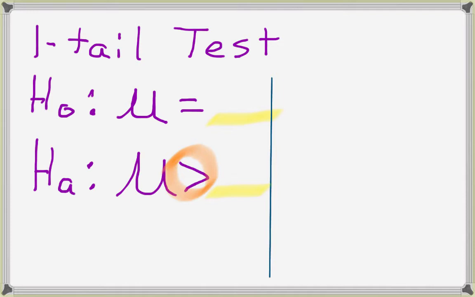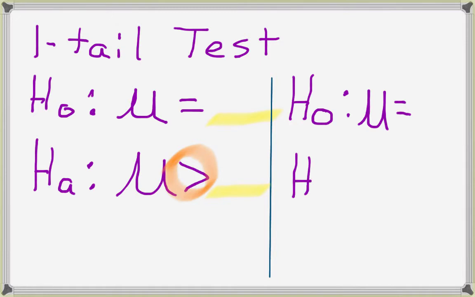The next one-tail situation, maybe someone is claiming that their ACT scores are this, and you suspect it to be lower than that. If you suspect something to be lower, then you have a one-tail test again.